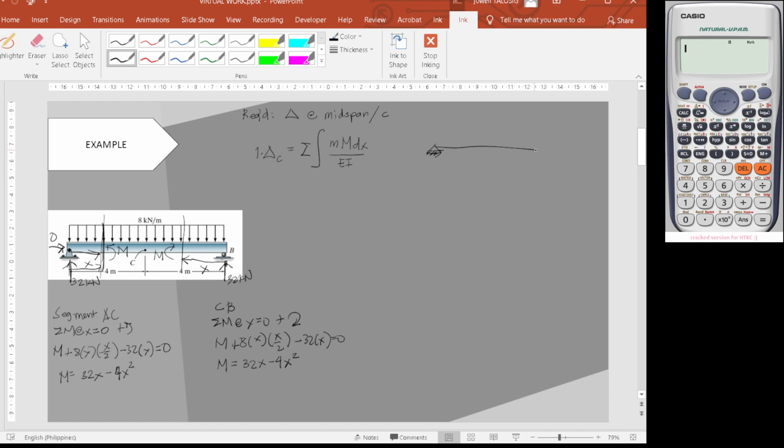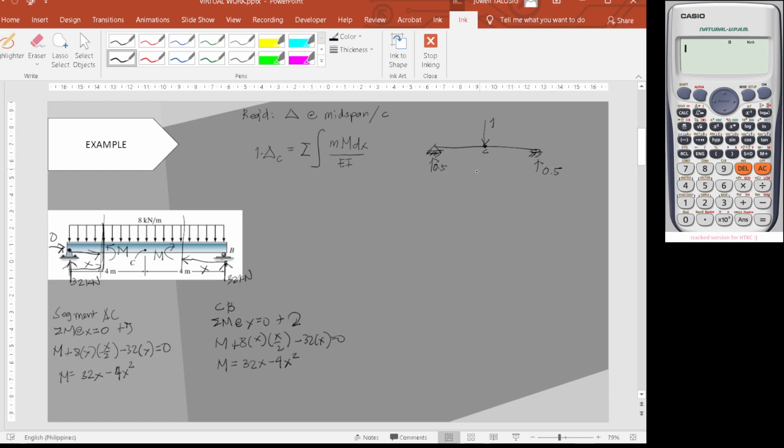Don't change the supports and the lengths. Here we're going to determine the deflection at C. So you're going to load the 1 unit virtual load at point C. When 1 is at point C, we all know that the reactions will be half of 1, so 0.5 kilonewton and 0.5 kilonewton.